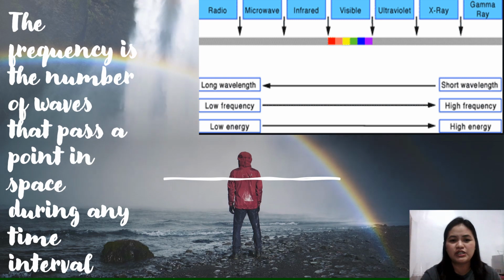Pero sa energy, directly proportional si energy kay frequency. The more waves passing through, the more energy is present. Si wavelength lang ang kumontra. So, kapag tumaas yung frequency, mataas din yung energy.